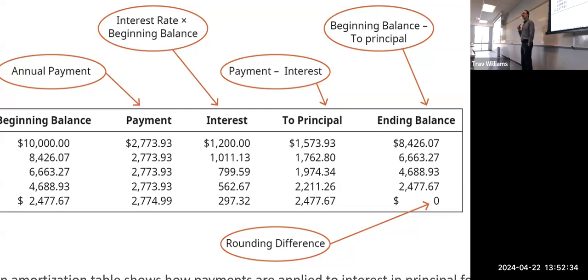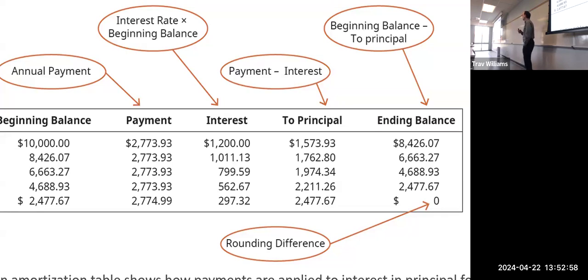We have to figure out how much of that payment was interest and how much was principal that was actually paying down their debt. So what we do is we take their beginning balance, multiply it by the 12% annual interest rate that they agreed to. And that's how we found out that $1,200 went towards interest.